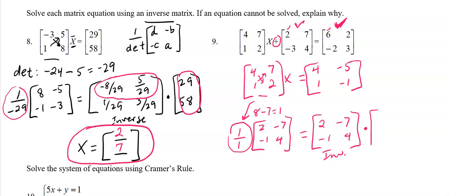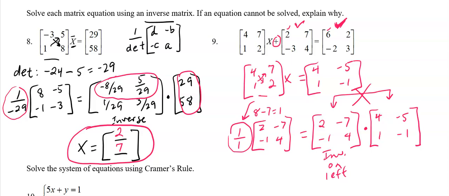And now we're ready to multiply times this matrix on the right. Key point here, we mentioned this in your notes when we covered this lesson: when you do this matrix multiplication and you've got the inverse and you're ready to multiply, the inverse has to be on the left. If you change the order of these two matrices, you're going to get this problem wrong.